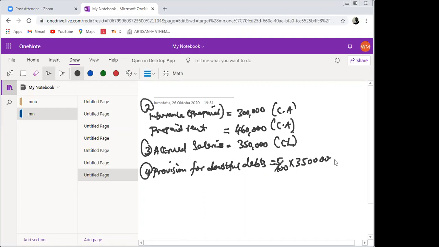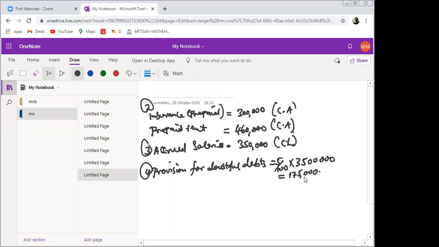So you get 5% of them. 5% of 3.5, or 3.5 times 0.05, gives 175,000. Then we are told that the business has been in existence for 5 years.